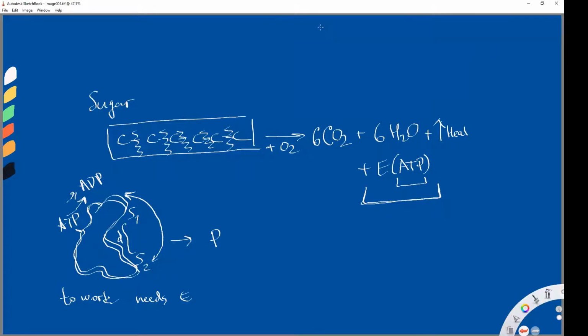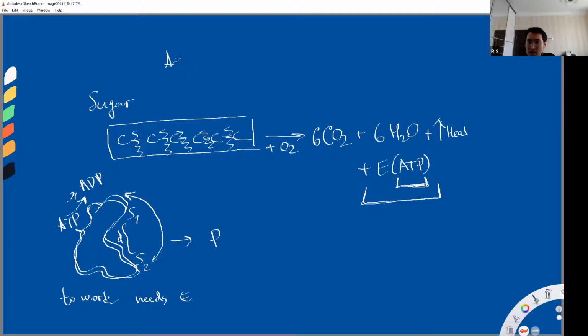And so ATP is just one type of molecule, or can different carbohydrates have ATP? Okay, so ATP is the universal storage of easily accessible energy, and it's adenosine triphosphate.